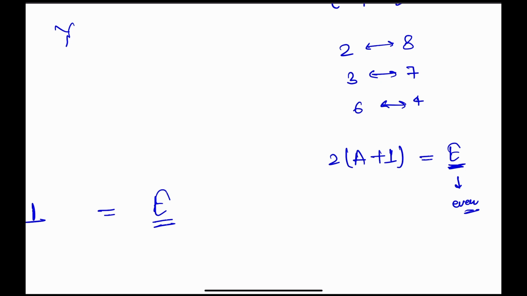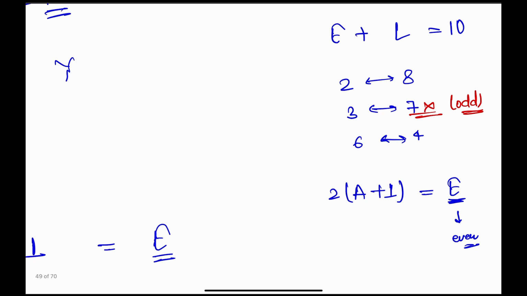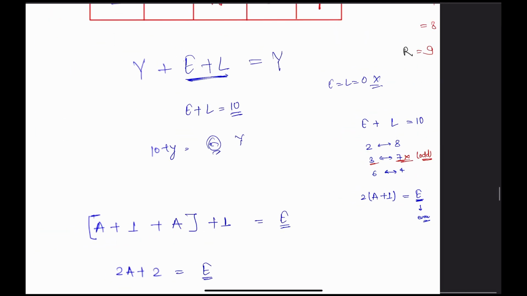So once we got that E is even, we can easily eliminate one more case. E cannot be odd, so this whole case is erased. Now E could be 2, L could be 8, or E could be 8, L could be 2. If E is 6, then L will be 4. If E is 4, then L will be 6.